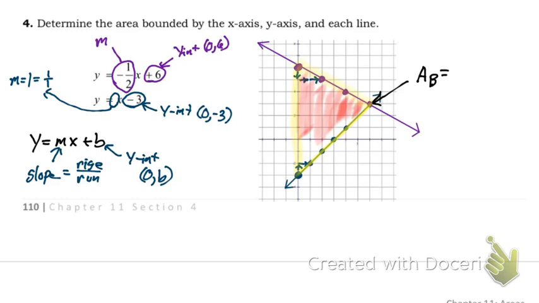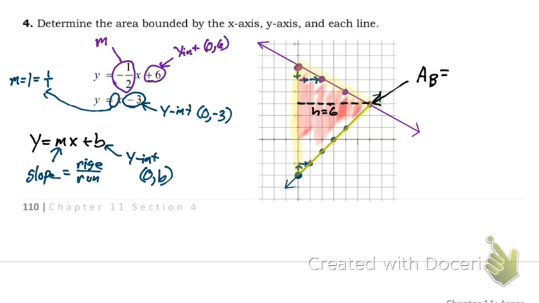Well, area is always 1/2 base times height. If you look at this triangle sideways, if this is my base of my triangle, then this would be my height. So let's mark that up. First of all, this is going to be the height of the triangle, and height would equal 1, 2, 3, 4, 5, 6.